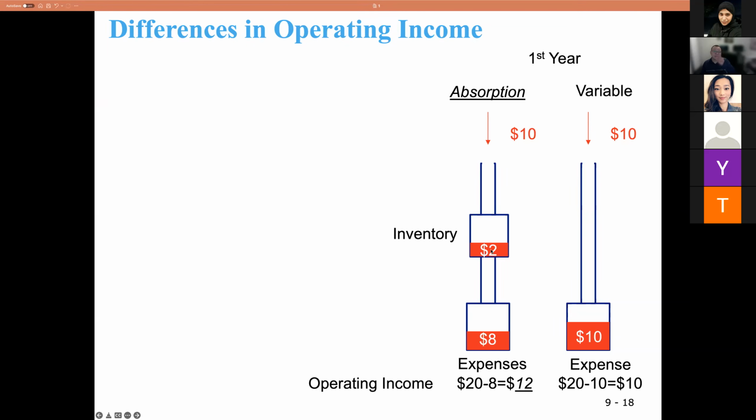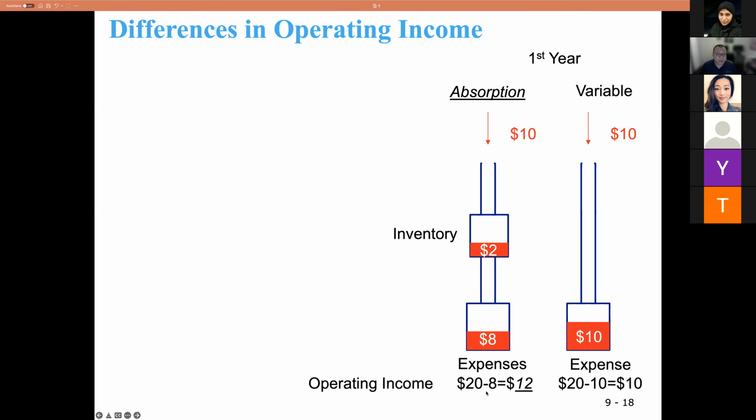Basically we are saying that in this case, 20% of the production is unsold, and 80% of the production in the first year is sold. So the 80% of the product bears 80% of the cost, which is $8, right? So now this $8 is the cost of goods sold, that's in the income statement.